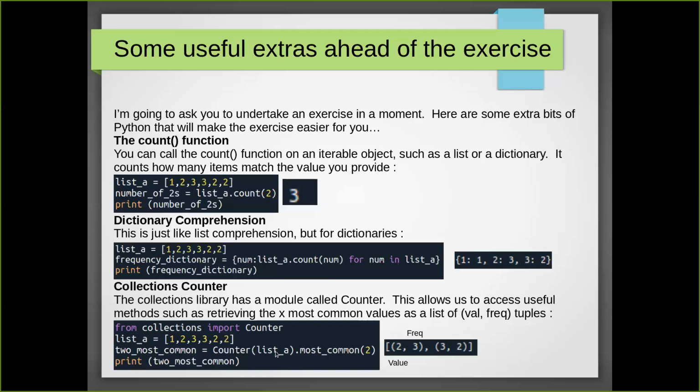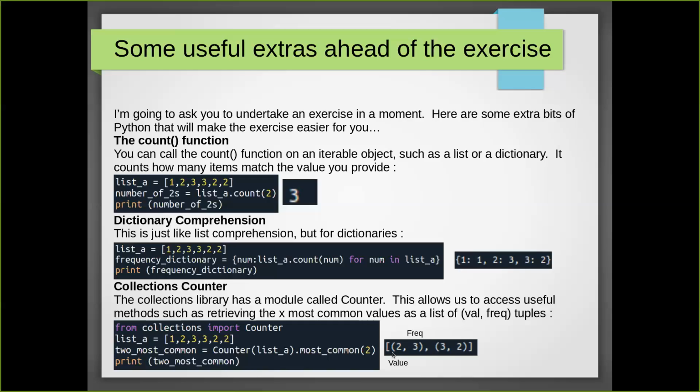I pass into that the list I want it to apply the count onto. So in this case, it's list A, and then use the dot, and then I call the most common method of this to say, count these items, do your magic counter, and then give me the most common, and the value we pass in here is just the X most common. So if I wanted the 10 most common, I'd pass in the value 10, and that will give you the 10 most common, etc.